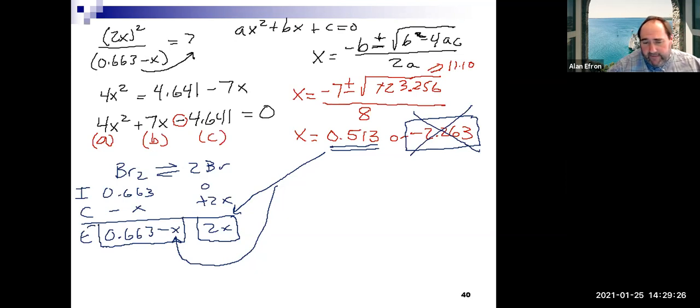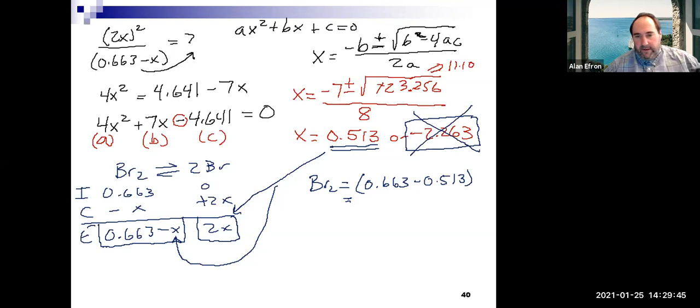And if we do that for our Br2, we end up with 0.663 minus 0.513, which is 0.150 looks like. And we do need a unit, so it should be molarity here because we are looking for the unit of concentration.